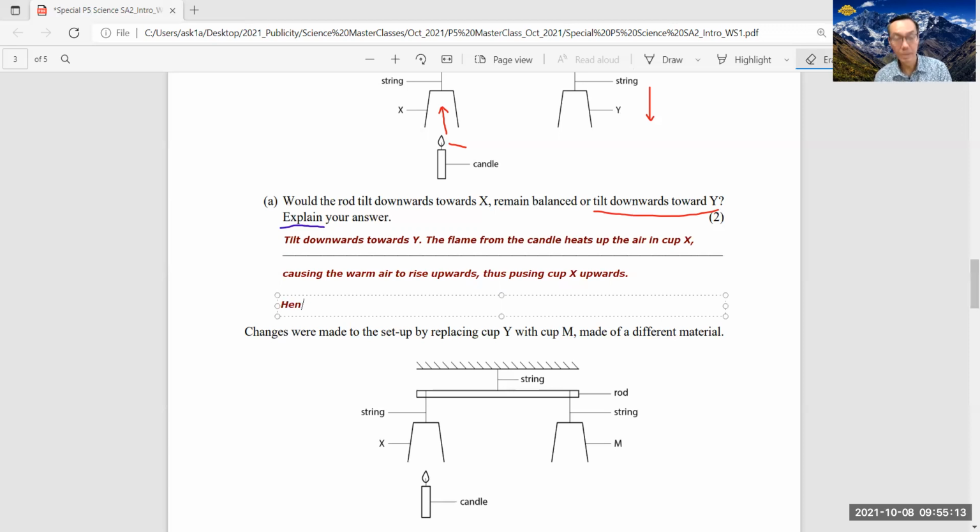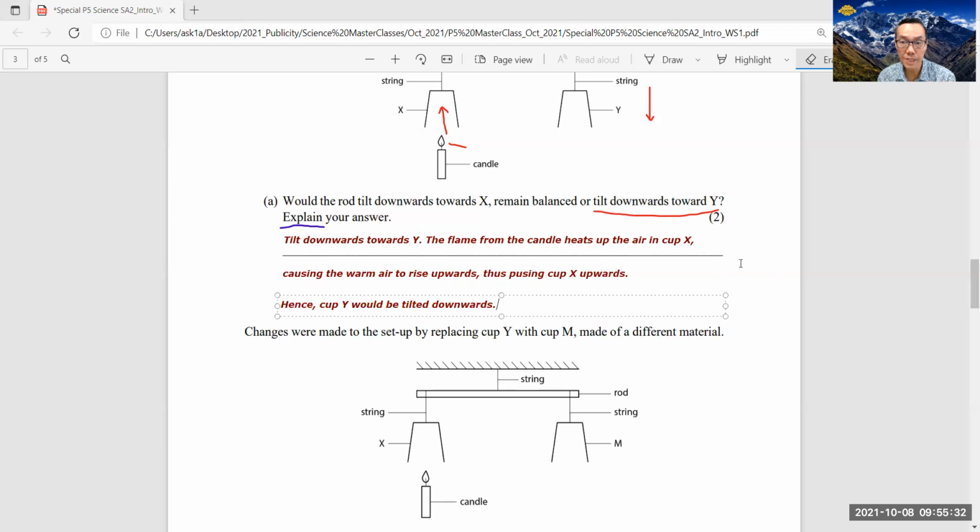Hence, Y would be tilted downwards. Good answer.